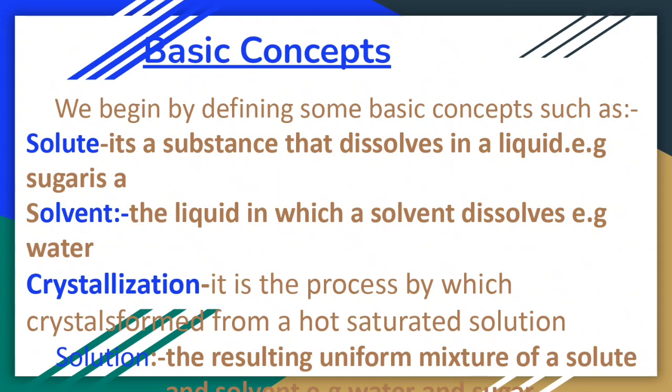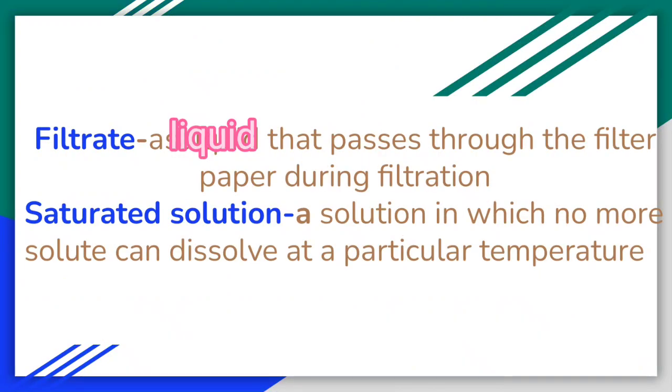Then we have another term here, a filtrate. A filtrate is a liquid that passes through the filter paper during filtration. We shall learn about filtration in detail, and you'll realize that it's normally a setup whereby a filter paper is placed inside a filter funnel.